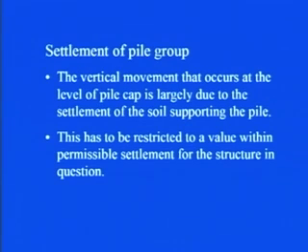This has to be restricted to a value within the permissible settlement for the structure in question. As I explained, the IS code has given the provision that permissible settlement for this particular type of soil or this particular type of foundation should be limited. So, we need to find out what exactly is the permissible settlement for that particular structure.